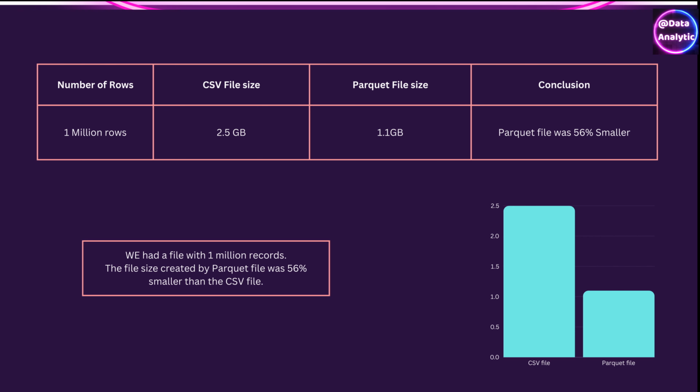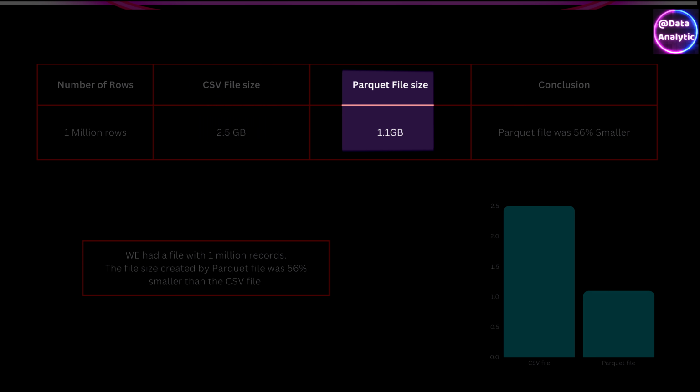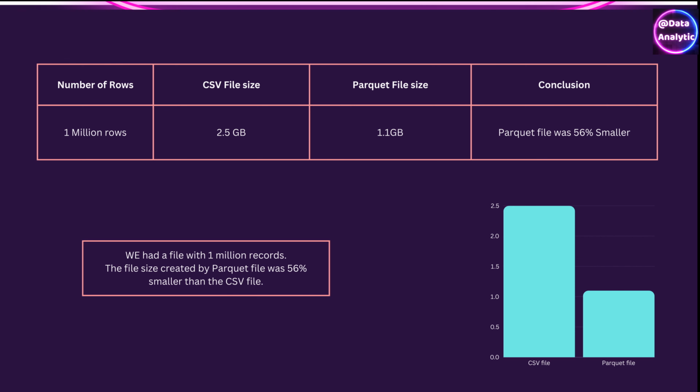The CSV file size was 2.5 gigabytes, whereas the Parquet file size was 1.1 GB, which was about 56% smaller.